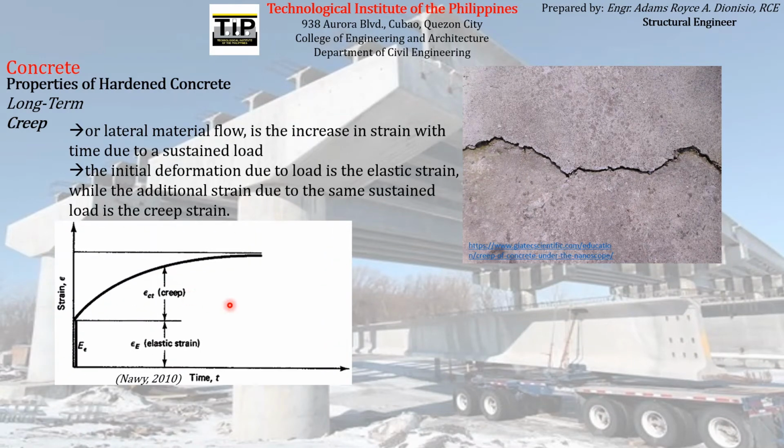If we try to graph the relationship between the strain being experienced by the material, especially concrete, with respect to time, we can graph their relationship using this curve here. Observing this graph, we can see that at the initial time, the material experiences a certain magnitude of strain, which is what we call the elastic strain.